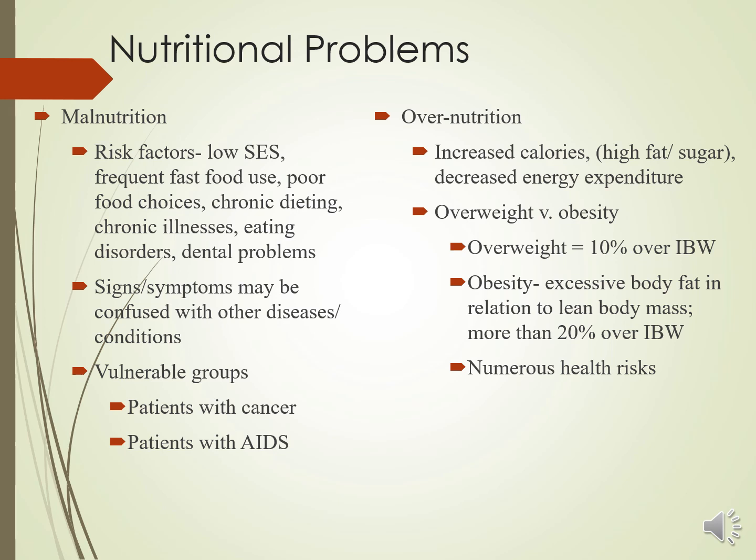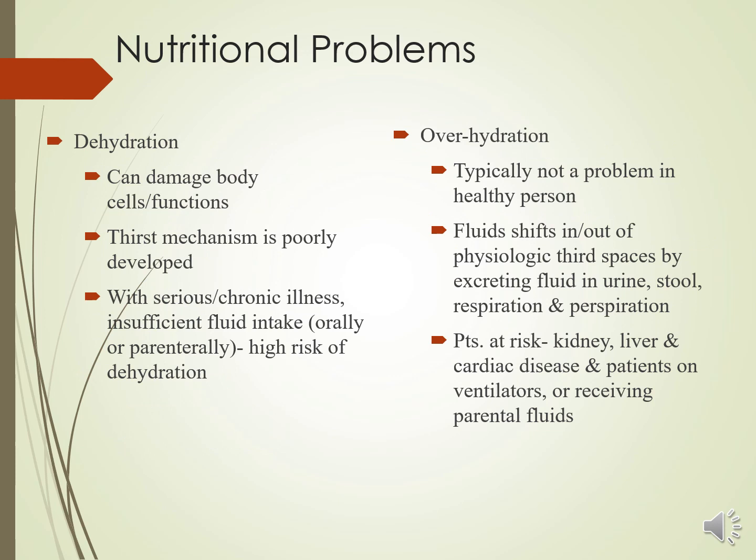There are some health risks with overnutrition. The body has to work harder to navigate the additional weight, joint-wise, heart-wise, blood pressure-wise, things like that. So those are things to consider when you're looking at somebody's nutritional status.